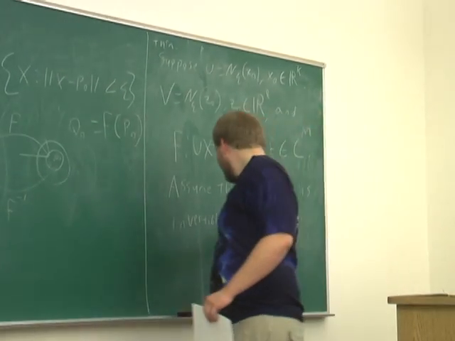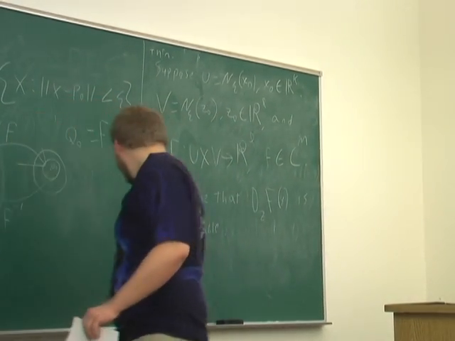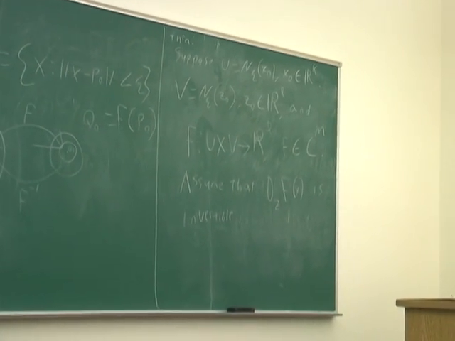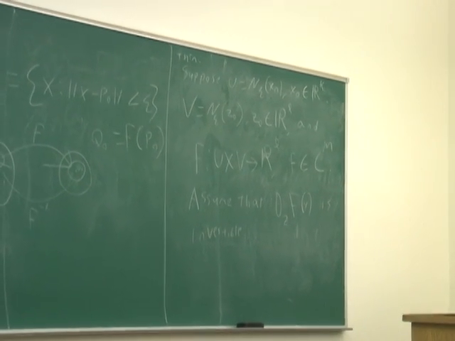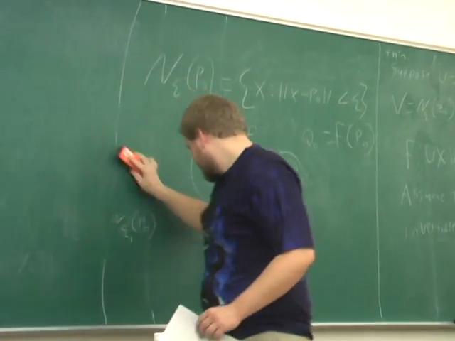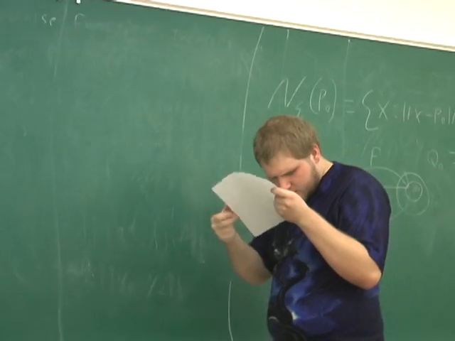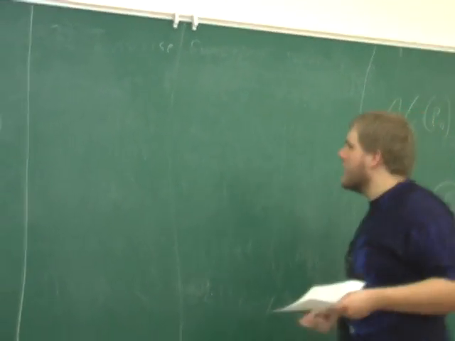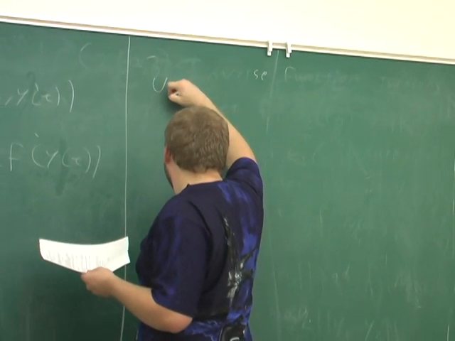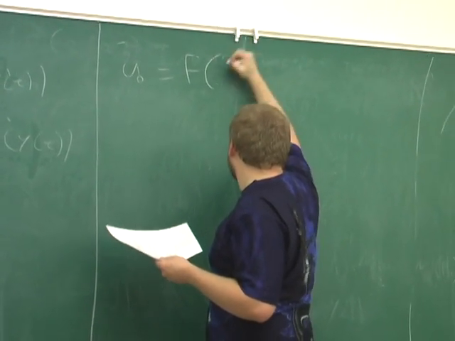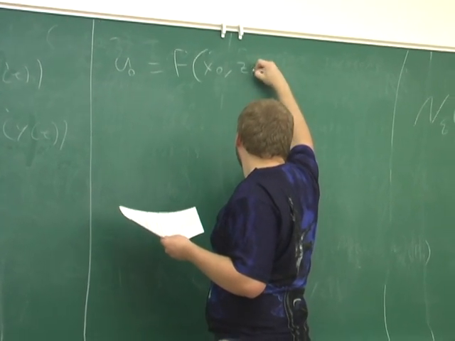Okay. So we'll assume that that's invertible. And then this is what we get for that. We say, okay, U naught is this function applied at x naught, z naught.